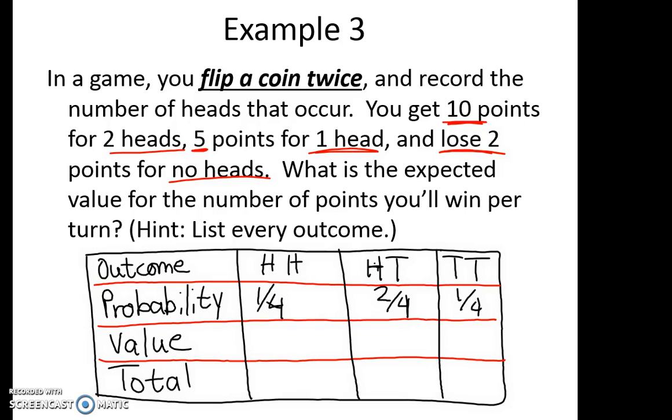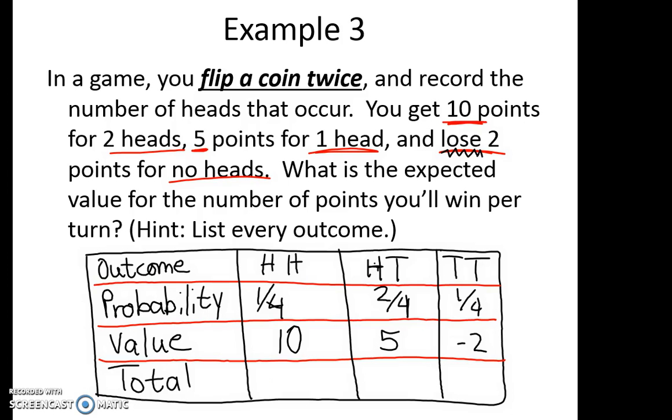So here, when it comes to the value, there's 10 here for 2 heads. There's 5 here for 1 head, whether it's heads, tails, or tails, heads. And then there's -2, because you're going to lose 2 points if you get no heads.